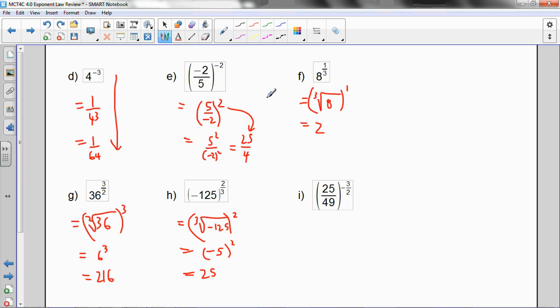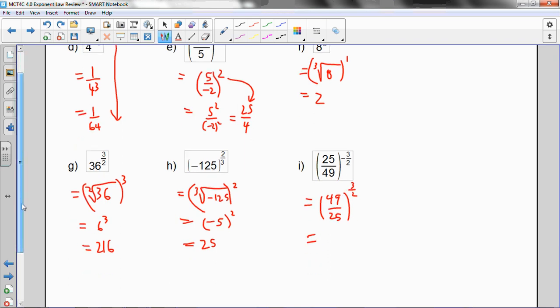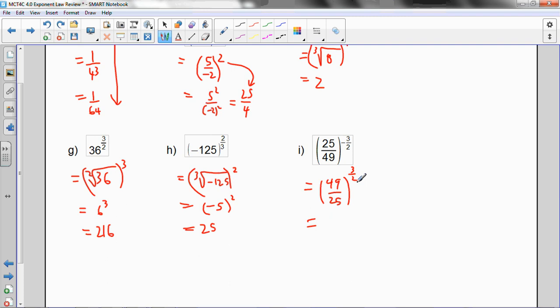This one, again, it's kind of like that one. I've got a negative exponent. Let's deal with the negative exponent first by flipping the base, right? With a negative exponent, we're inverting the base. We're not inverting the exponent, we're inverting the base. And now this exponent applies to the whole thing. We could do the square root of this whole thing cubed, but it also applies to both of these, the top and bottom. So I could think of it like this. I think this is the easiest way to think of it.